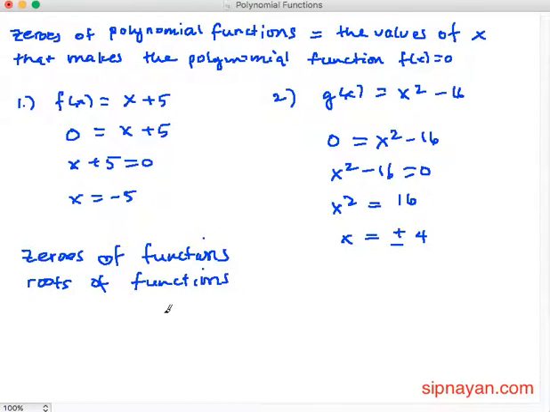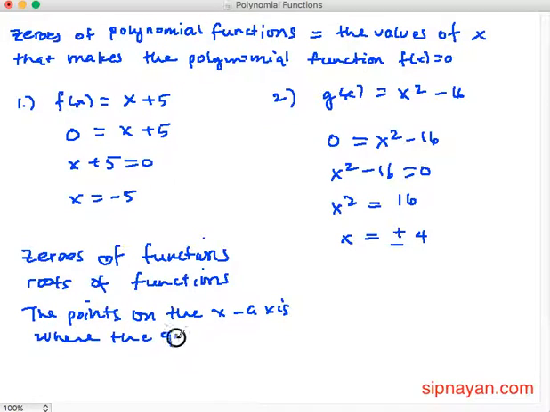Or number 3 is the points or the values of x, or maybe the points on the x-axis where the graph of the function passes through.